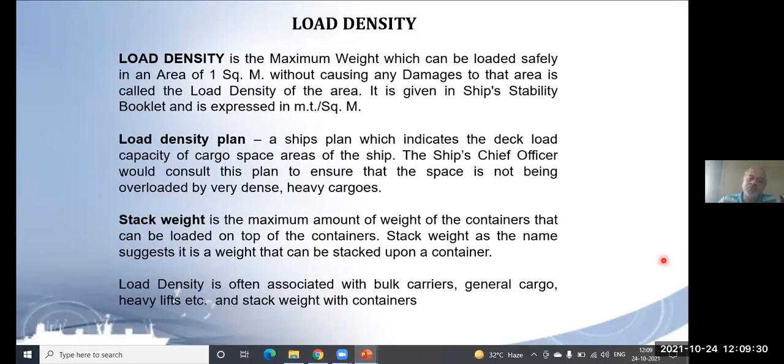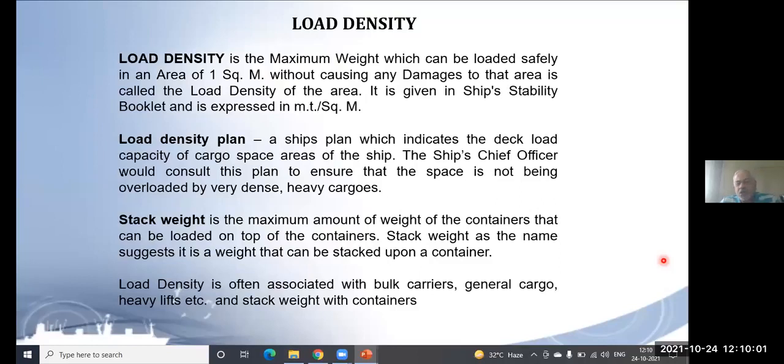The ship's chief officer is the cargo officer in charge, having full responsibility to load this cargo safely, carry it safely, take care of it, reach from point A to point B and discharge it safely. That is the duty and responsibility of the chief officer, overall supervised by the captain of the ship.